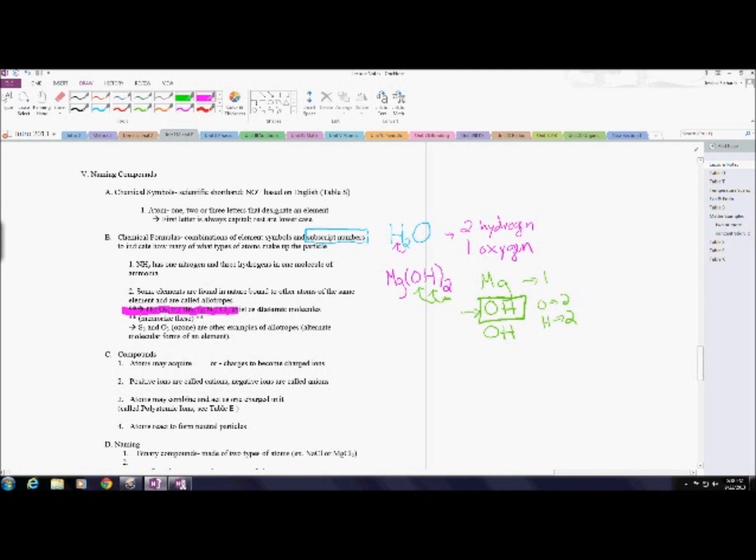These 7 elements exist as something that we call diatomic molecules. So if you have them in their pure form, not in a compound, but in their pure form, they always come in sets of 2. Di, meaning 2, and atomic for atoms. So they're going to be 2 atoms hooked together.